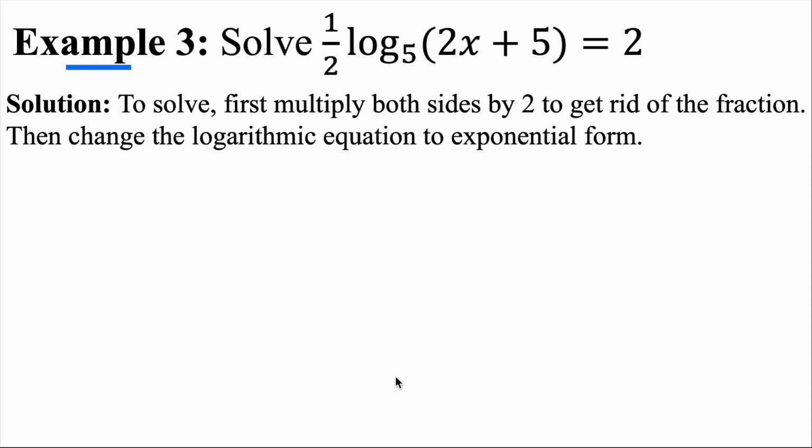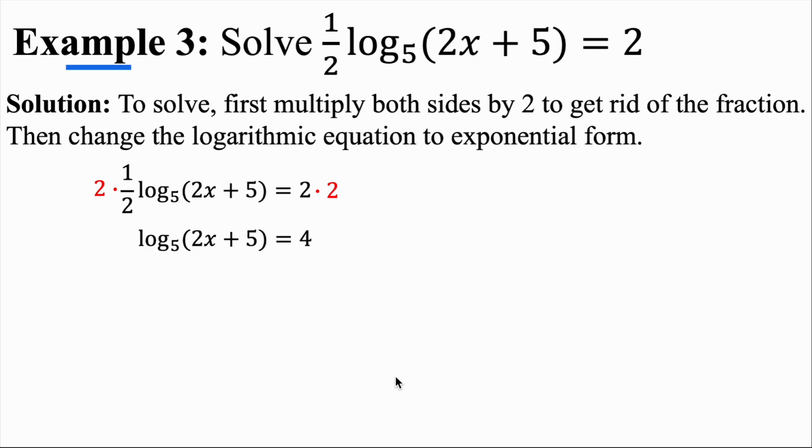And then we're going to convert that into exponential form. So let's go ahead and look at the equation here. Multiply both sides by 2. 2 times a half, or 2 halves, make a whole, and 1 times that logarithm base 5 of, basically 1 times the left hand side would be just the left hand side, what you have there.